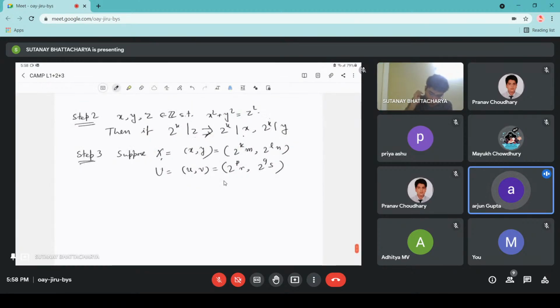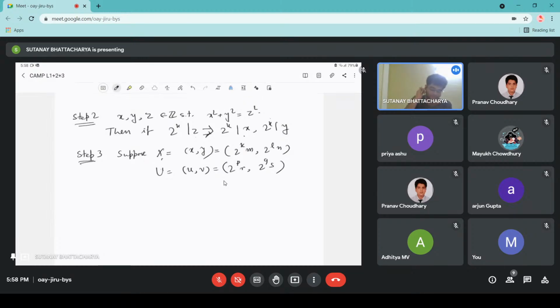Like 1 by 6 can be written in this form as well.